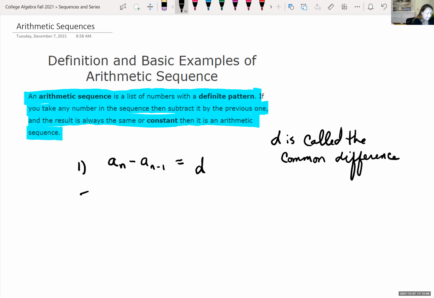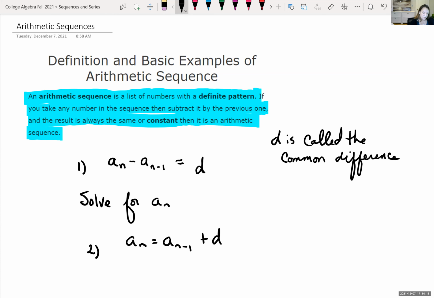Let's solve for a sub n here. A sub n is equal to, we can add the term right before it to both sides of the equation. So a sub n is equal to a sub n minus 1 plus d.